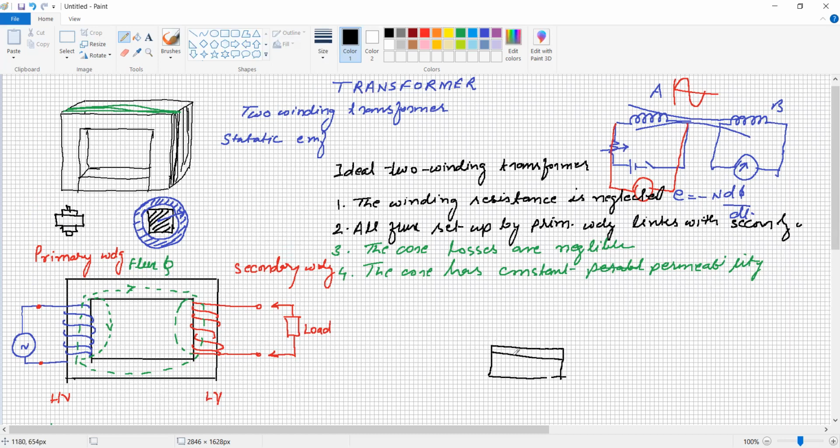So this is the laminated core. The second one will be somewhat smaller. Then again, the third step is smaller, and the next is smaller again. It depends upon the best compromise between the cost and performance of the transformer. So here it is called a cruciform core.